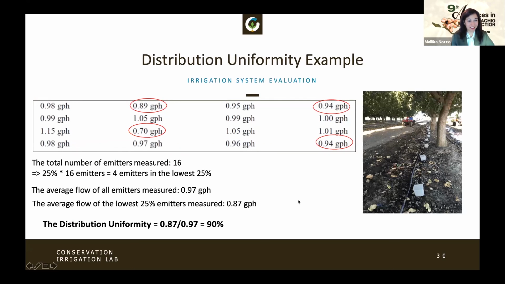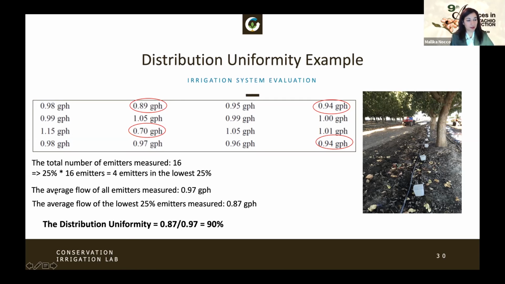Here's an example calculation. Imagine a grid here, and we have these different emitters. If this were all of the emitters, what are the four lowest ones? The four lowest ones are right here. So we have 0.89 GPH, 0.70 GPH, 0.94 and 0.94. So these are the four lowest. And what is the average flow of all of those?